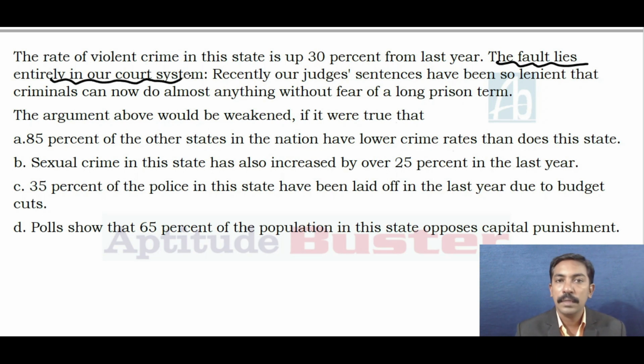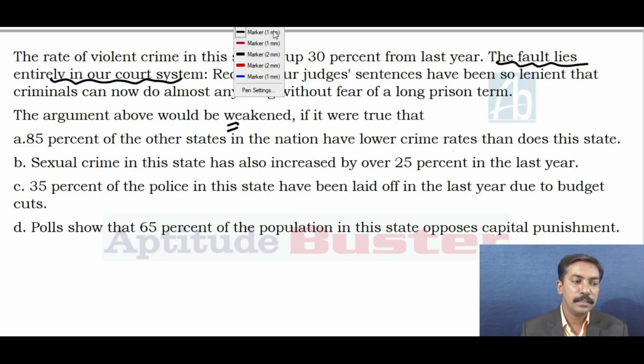So the claim of the text is that the crime rate has gone up due to a weak judiciary. The question asks you to weaken the argument. The question reads, the argument above would be weakened if it were true that. So you need to identify a choice that would weaken the argument.